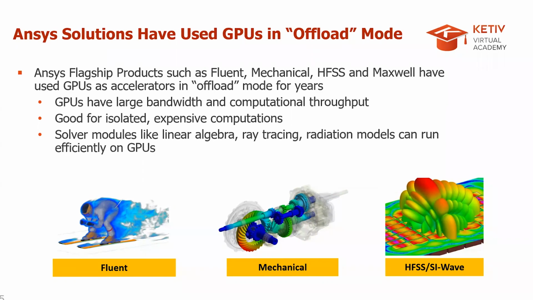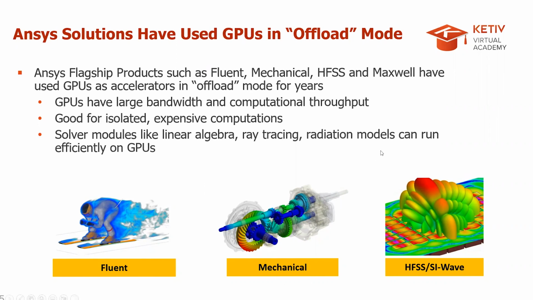So what we traditionally do in the offload mode is we'll divide the overall simulation into CPUs and GPUs both, wherein some isolated kernel of your simulation can be offloaded to the GPU while the rest of your computations are taking place on the CPU. What are some of the common applications that use this type of distribution?